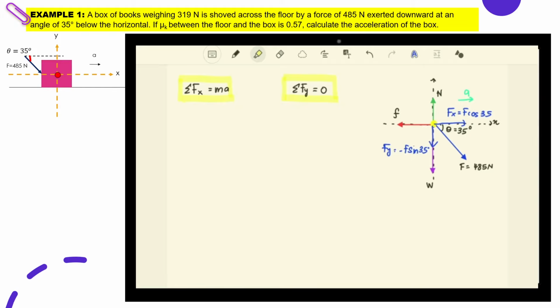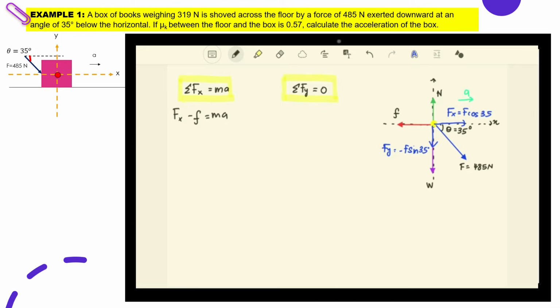Now total force in X component: we have Fx minus friction. We just have two forces here, which are Fx and friction. So we write Fx minus friction is equal to ma.